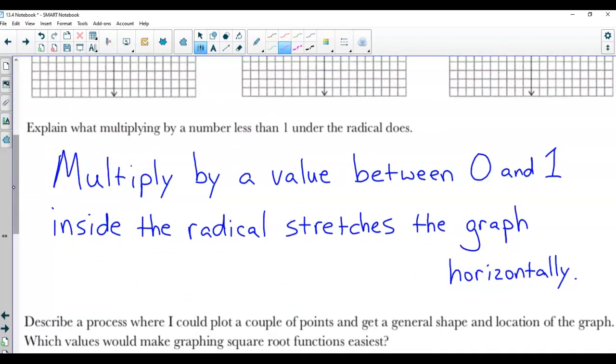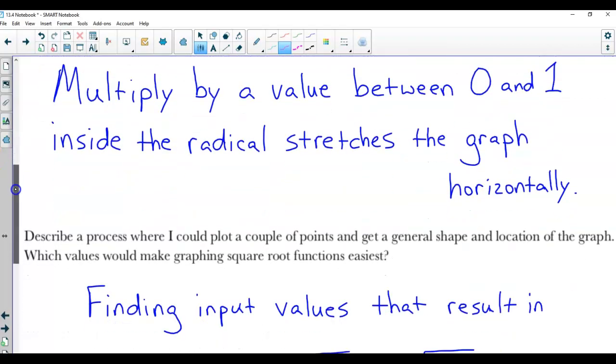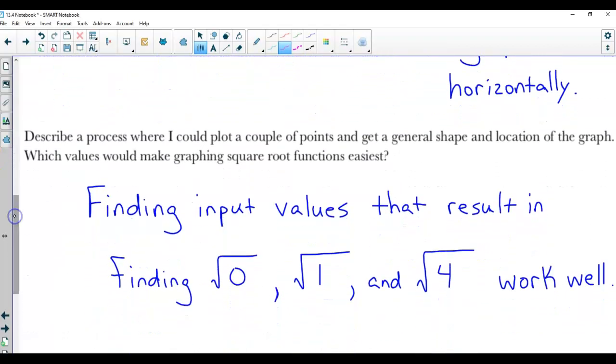And in order to keep these straight, when we're trying to make these graphs, we are finding input values so that when I take the square root, I have a perfect square underneath, because we don't want to rely on a calculator to do everything we are doing here.